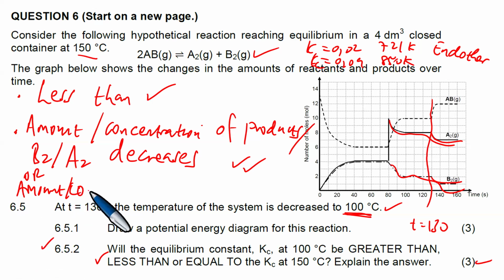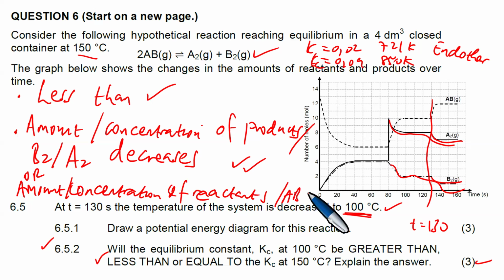So you can always say amount or concentration of reactants, which is AB, increases. Okay, we can see that the AB increases. And it means that the reactant increases when the products tend to decrease there.